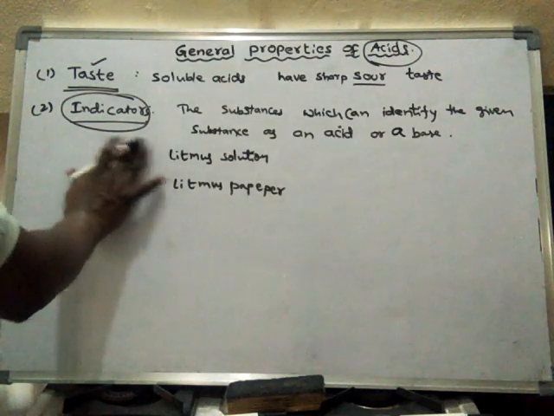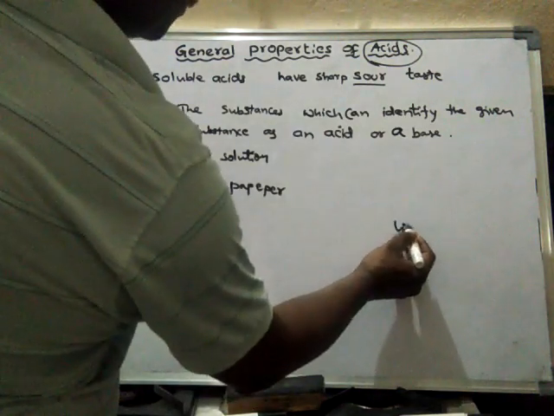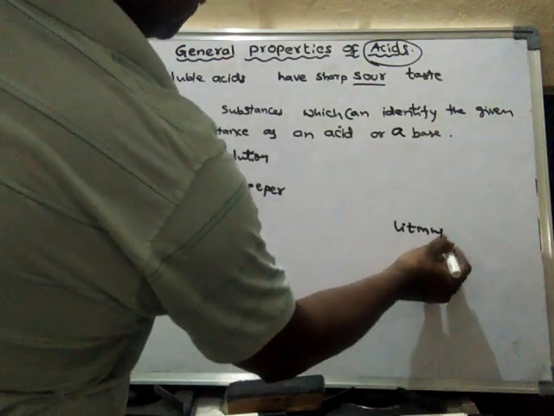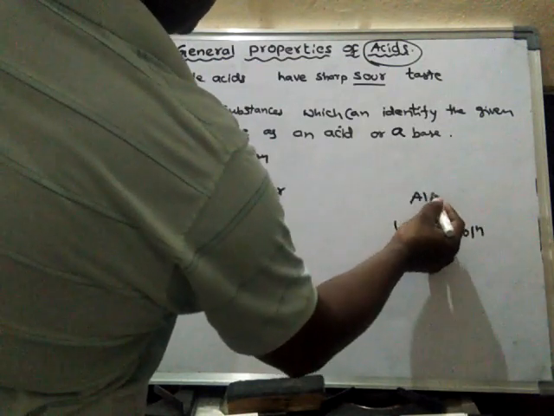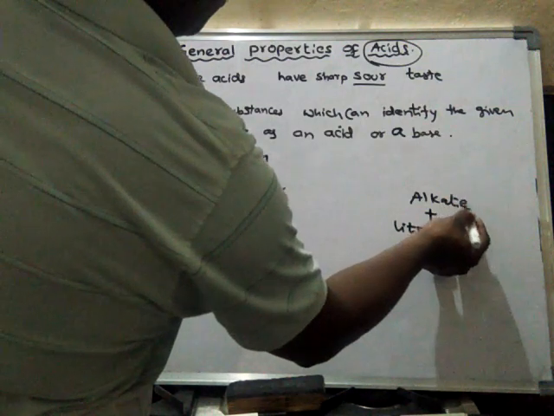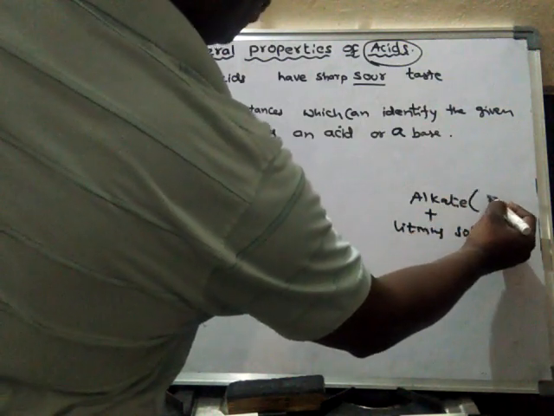This litmus solution, when it is mixed with alkali, turns blue. What is alkali? Alkali is said to be a base. There are two types of bases. Alkali means a water soluble base.